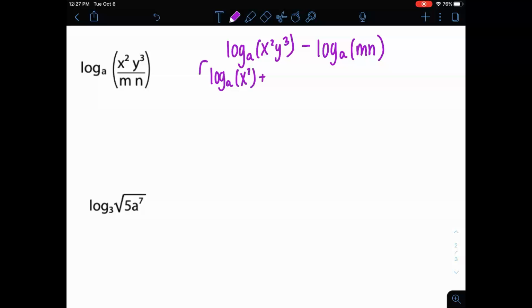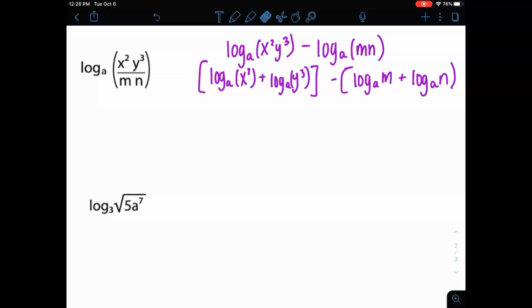If I put this in brackets, this first expression comes here: log base A of y cubed, minus my next expression, so log base A of m plus log base A of n. Oh, sorry, that one was a bracket, so let me fix that for you.